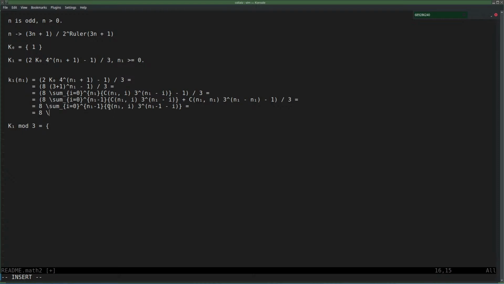And the binomial, by the way, is also defined as 0 once you get outside the Pascal triangle. So we don't really have to be scared of that, and I'm going to sum again, one term less.